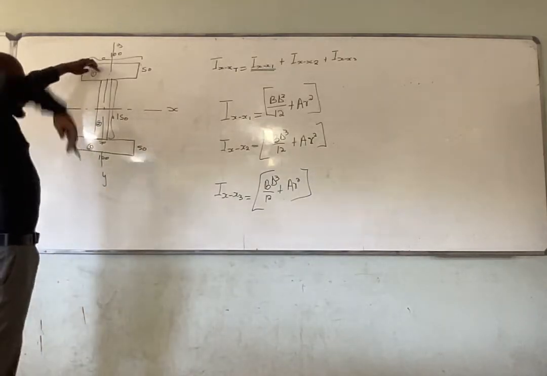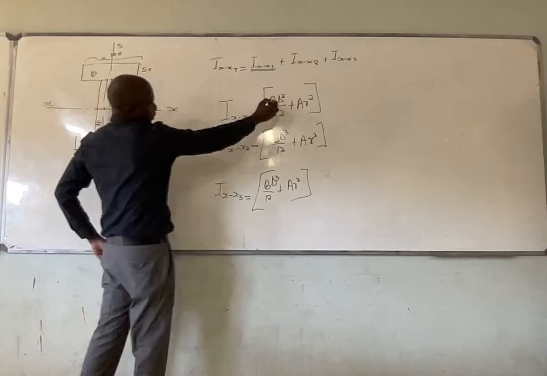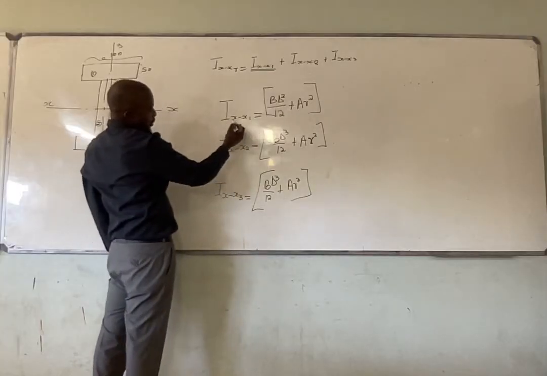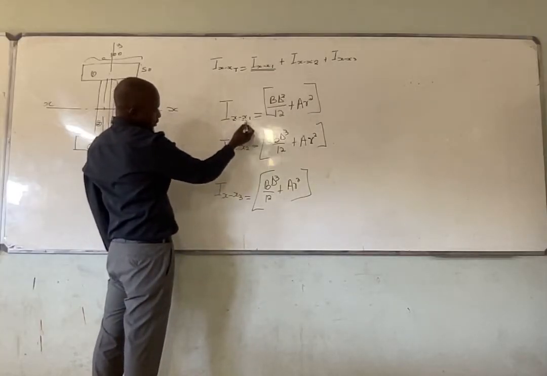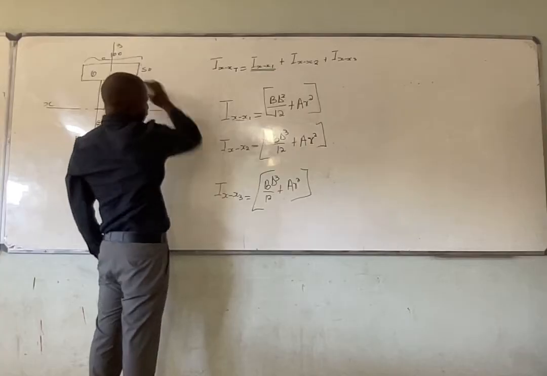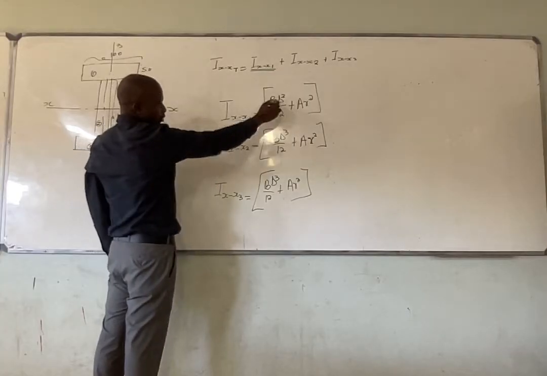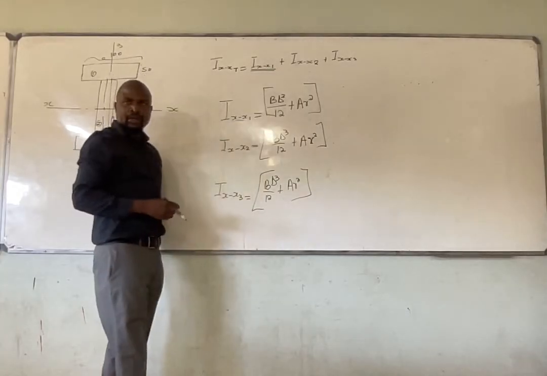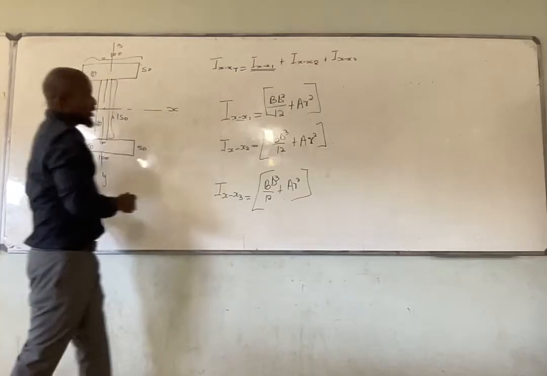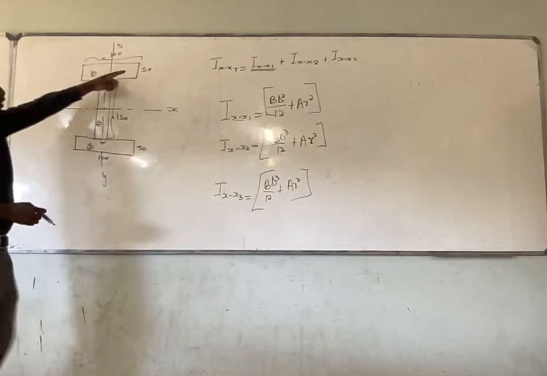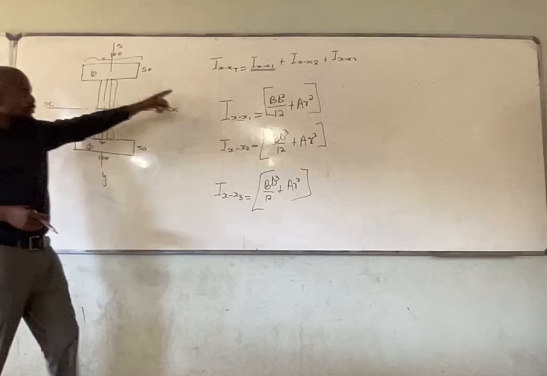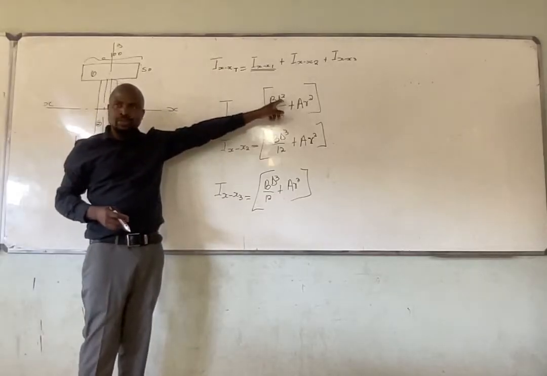For area number 1, B, we said when you calculate IXX for a rectangle, the one which you cube will be the Y value, right? So in this case, we have the Y value as 50, meaning 50 is the one which you are going to cube.